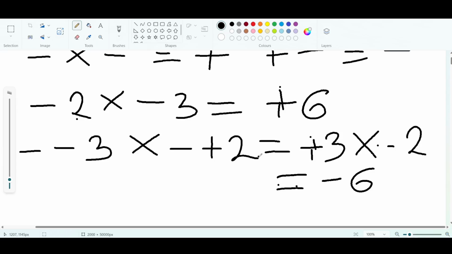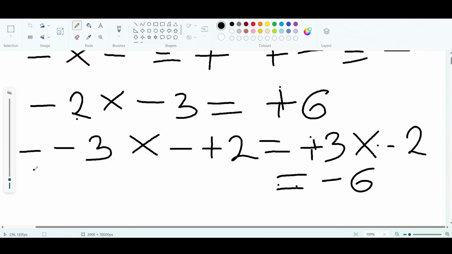But if the number of minuses is odd, the final answer is going to be minus. And you can also just multiply the numbers. So that's how we go about that.